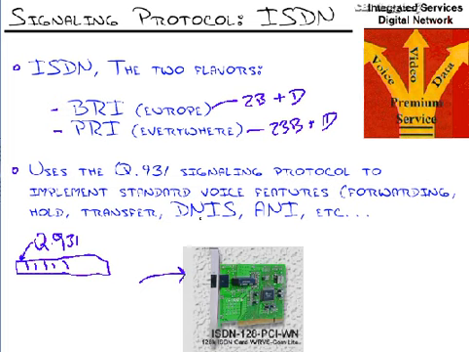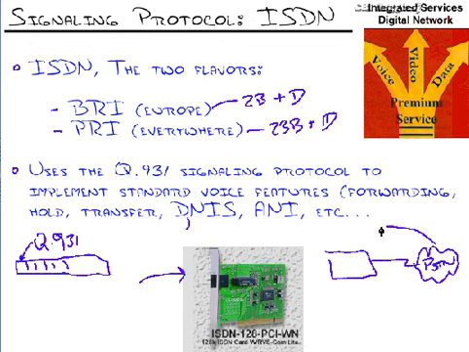DNIS stands for Dialed Number Identification Service. Say we've got our PBX right here connected to the cloud of the PSTN. When the PSTN sends a call into our PBX, it sends along the dialed number.